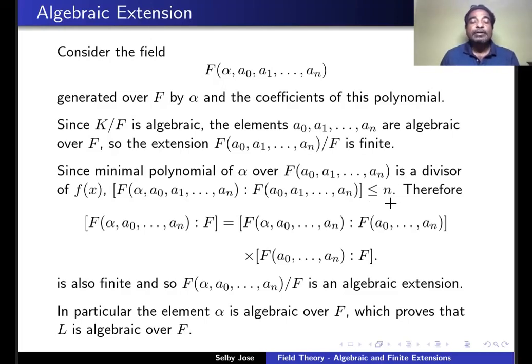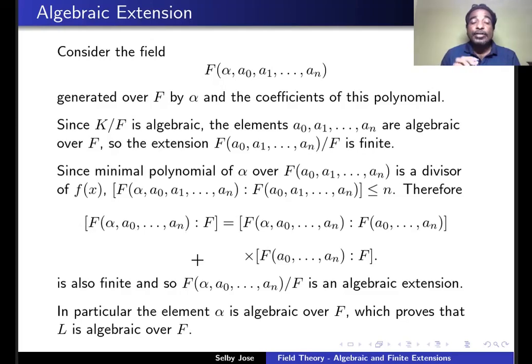Therefore, using the formula for the degree of the tower of extensions, the degree of the extension F(alpha, a0, ..., an) over F is the same as the degree of F(alpha, a0, ..., an) over F(a0, ..., an) times the degree of F(a0, ..., an) over F. Because on the right hand side both the extensions are finite, we get that the extension F(alpha, a0, ..., an) over F is finite.